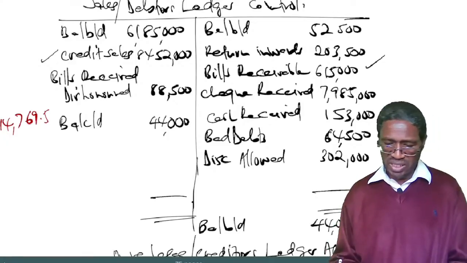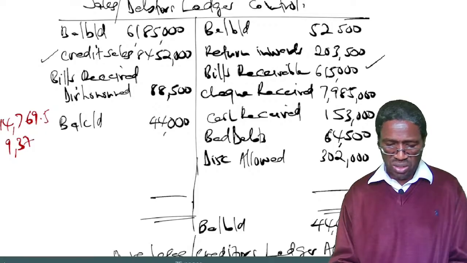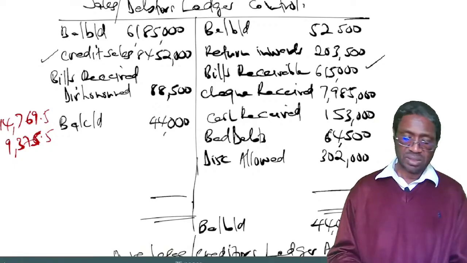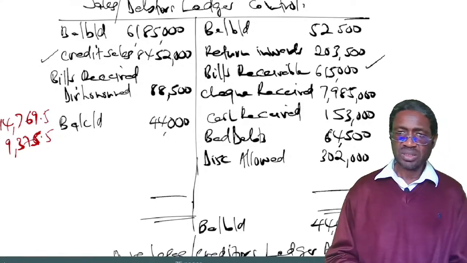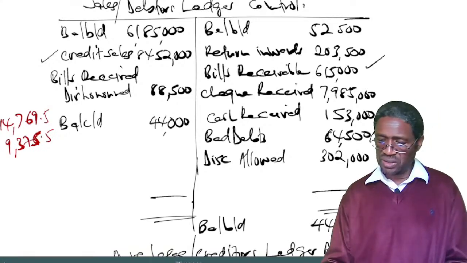On the credit side, I'm getting a total of 9,375.5. Now I get the difference. So I subtract from 14,769.5. I'm getting a carry down balance.